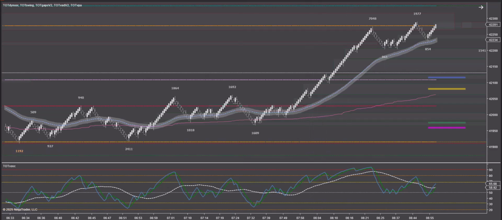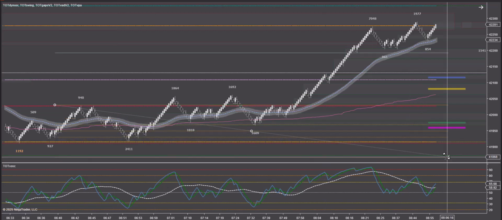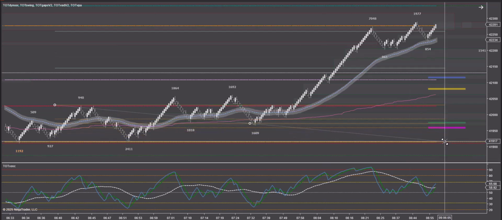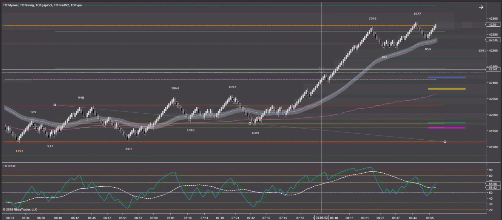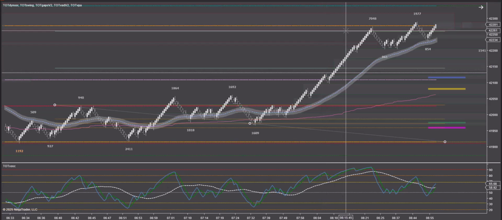And look at this one, it just took off. That's our 20% of the time we're going to get what I call a trend from the open. That's once a week, maybe, that we'll see that. But if we get the trading range here, this comes through, it goes 2 times the trading range.